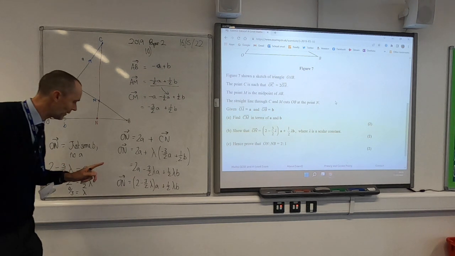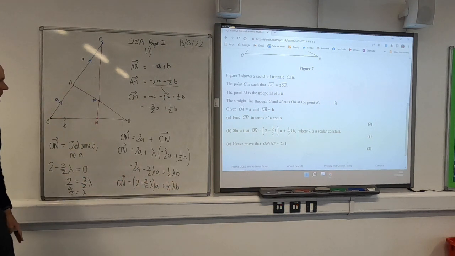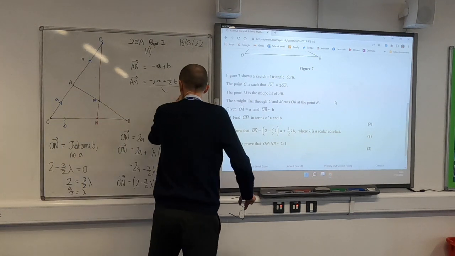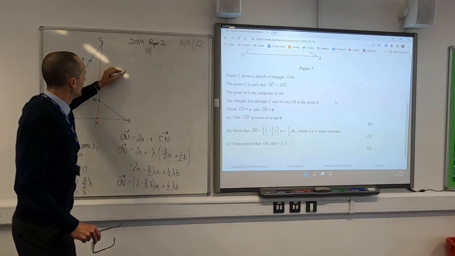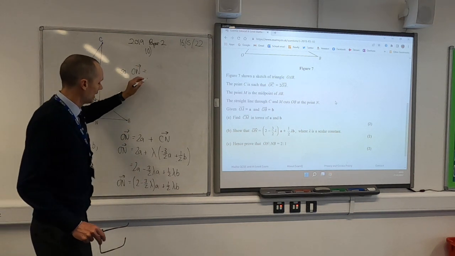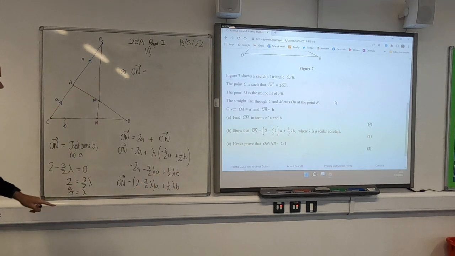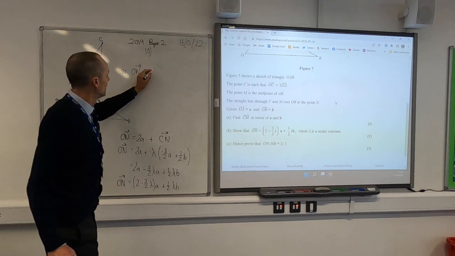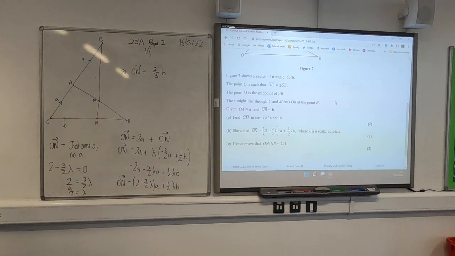Yeah. So actually, now I know what lambda is, I can substitute it into O to N, and I know that's going to give me no a's. So O to N equals no a's, and a half of lambda b will be a half of 4/3, 2/3 b.